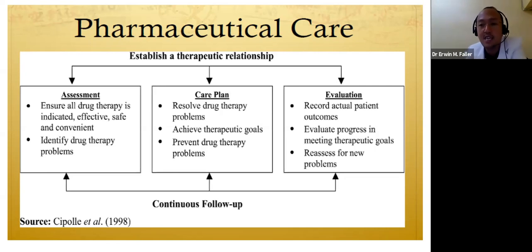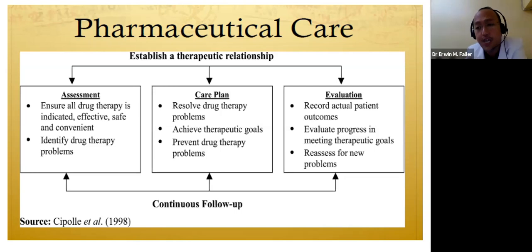You assess the data you have gathered on the past medical history. What is in the past medical history? Of course, allergies, the past medical condition of the patient, the current condition, the chief complaint of the patient, and others.